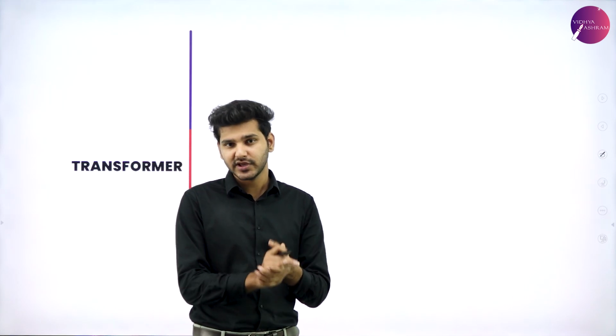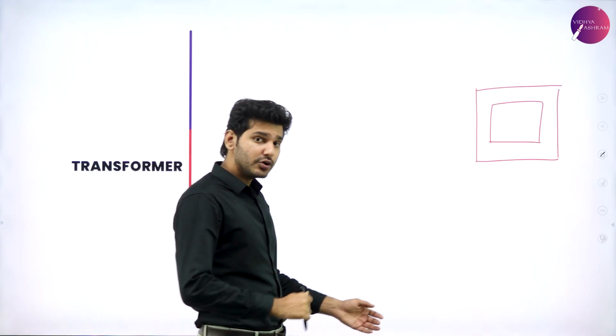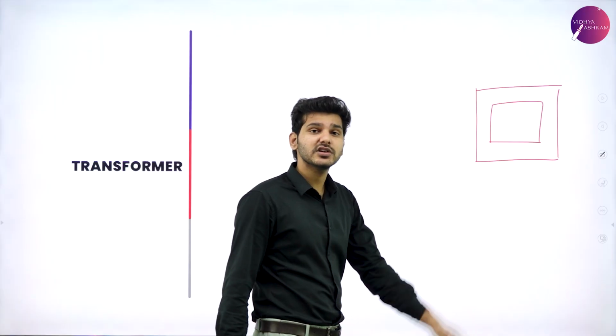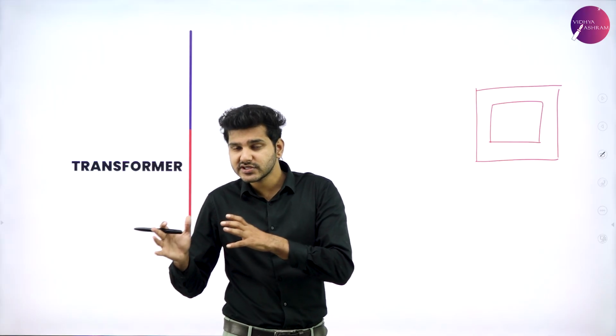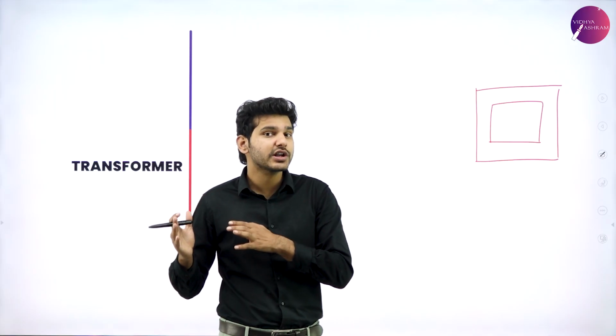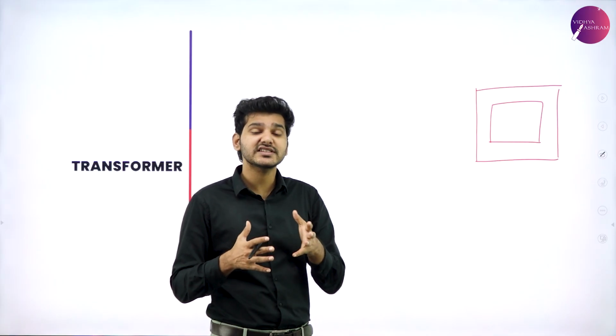So what does a transformer look like? Modern transformers have several layers and several windings, but the basic principle that paved the way for all this innovation came from one simple model, and that is what we are going to see right now. We know that a transformer converts high voltages into low voltages or low voltages into high voltages. So how does it do that?